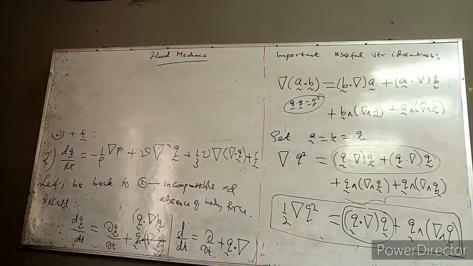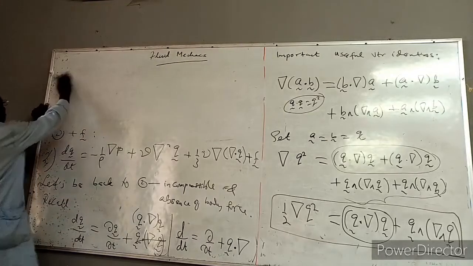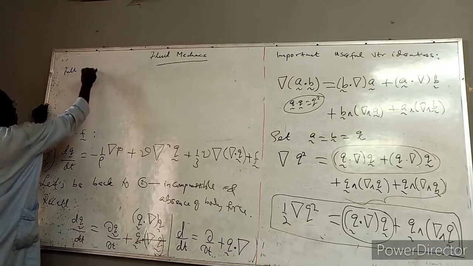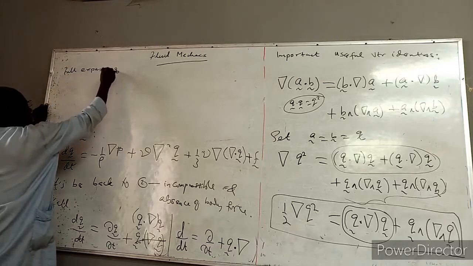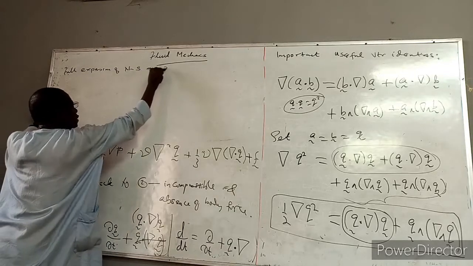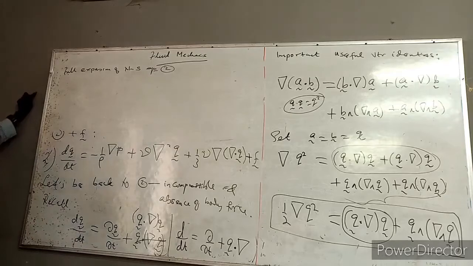So let us go back to the full expansion of the Navier-Stokes equation, which we denoted by 2, in the absence of body force.